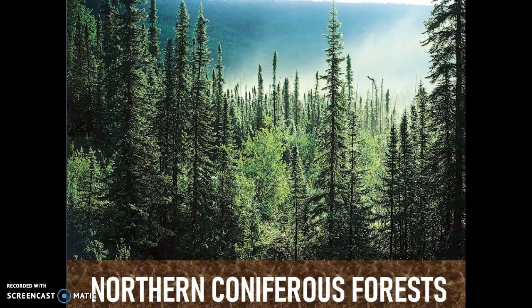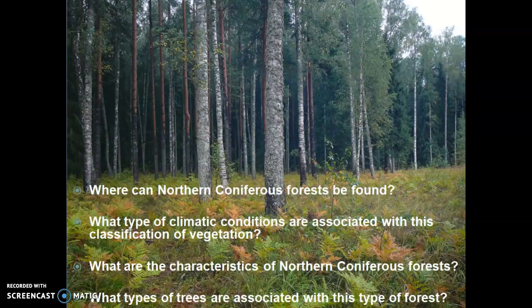Now, Northern Coniferous Forest, in terms of understanding this, we must take into consideration certain key factors. First of all, we must talk about the location or the locality. All right, where can Northern Coniferous Forest be found? Secondly, we must take into consideration the climatic condition, because the locality would influence the climatic effect.